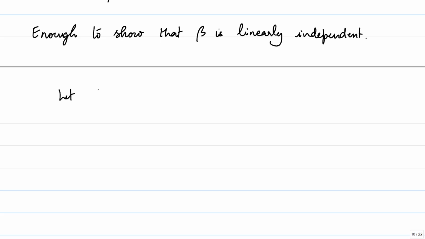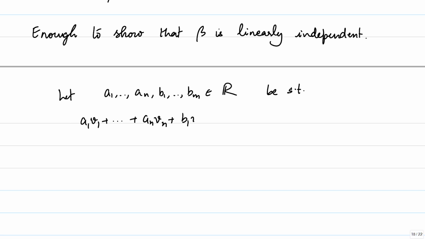So let a1 to an and b1 to bm be scalars, real scalars as of now, such that a1 V1 plus up to an Vn plus b1 u1 plus up to bm um is equal to the zero vector in capital V.